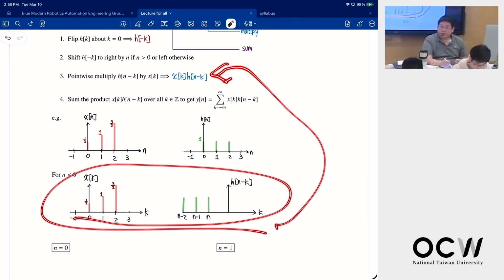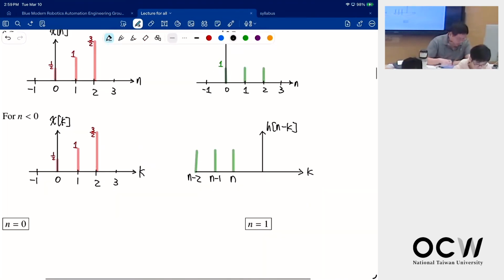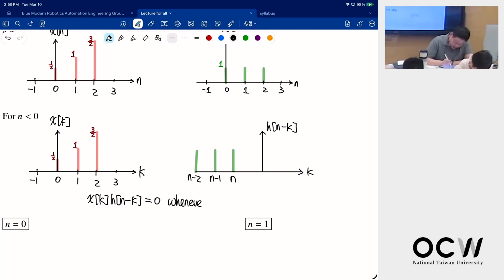There's no overlap. So x of k times h of n minus k is 0 whenever n is less than 0, for all k. So here's your final result, your y, that will be 0.